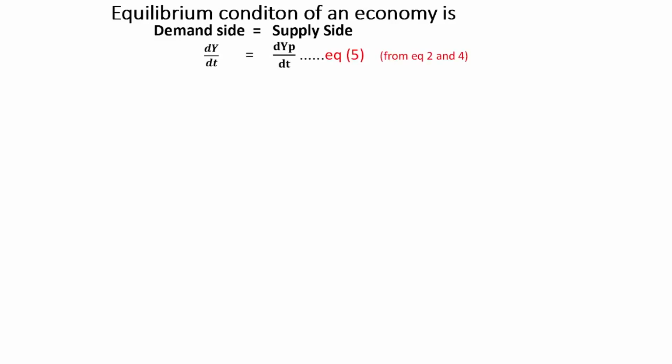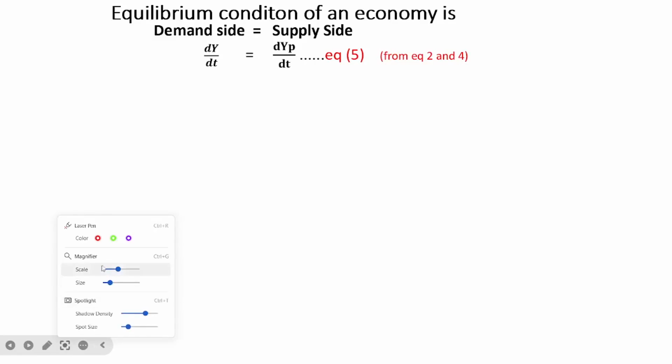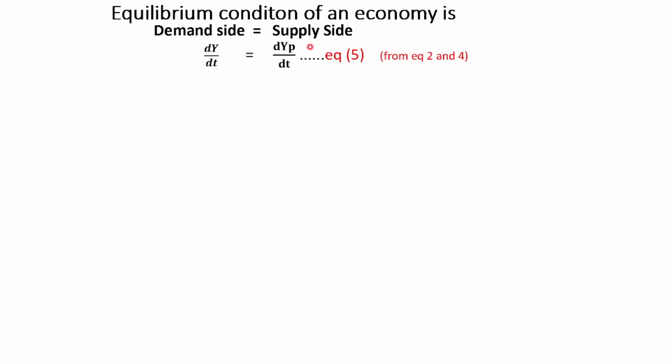Now let's come to the equilibrium condition of an economy. Demand side equals supply side, where for the demand side dY/dt I bring it from equation 2, and similarly dYp/dt came from equation 4. By equating demand side to supply side, we get equation 5.